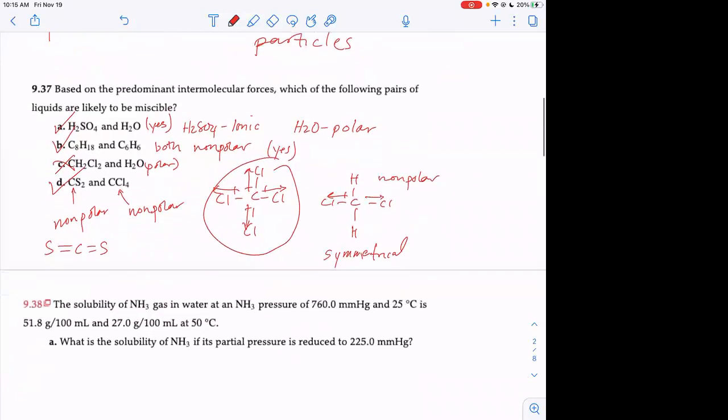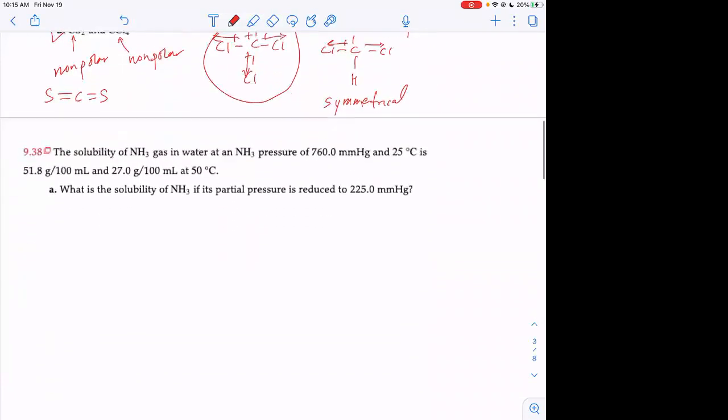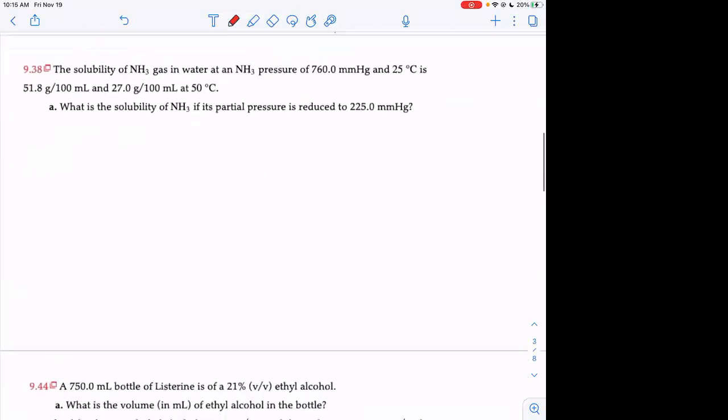All right, what do we have next? Okay, this is problem 9.38 from the textbook. Solubility of NH3 gas in water at an NH3 pressure of 760 millimeters mercury, 25 degrees Celsius, is 51.8 grams per 100 milliliter.